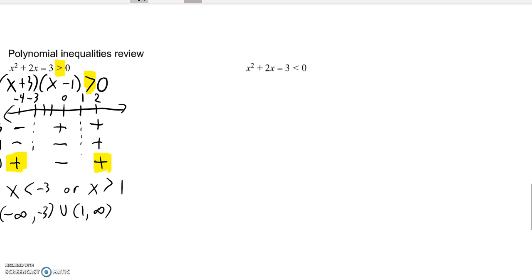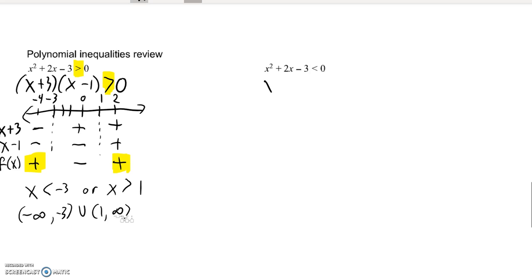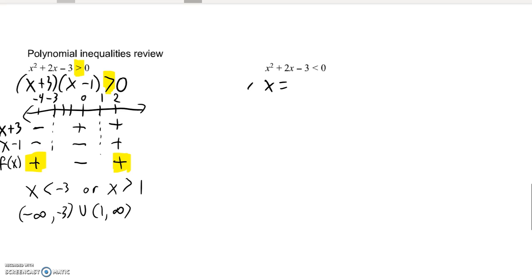So if we change the greater than to less than, we could go through the same thing, make the same table. But instead, I'm going to say, hey, let's graph that. x equals negative b over 2a for our vertex. So negative 2 divided by 2 times 1. The x for the vertex is negative 1.